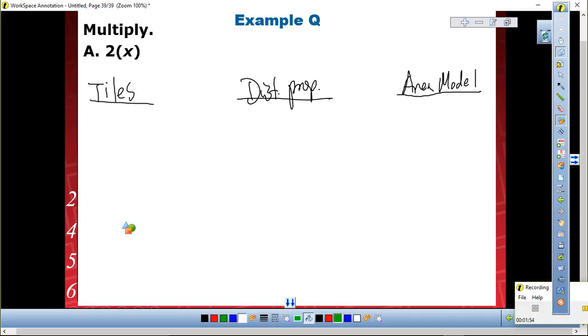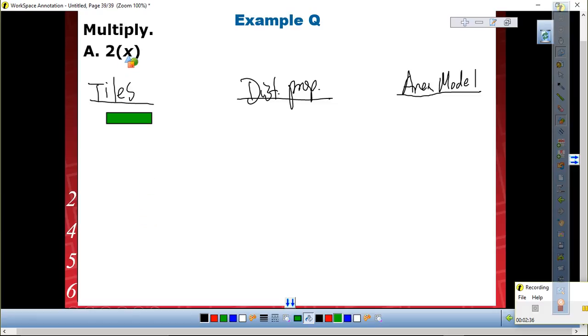Okay, I'm talking about no more animals, I'm talking about tiles. Remember when we did the tiles? Who said a green rectangle? Yes, that is correct.